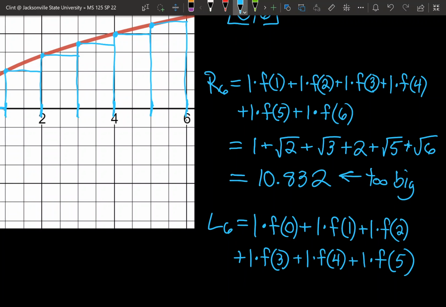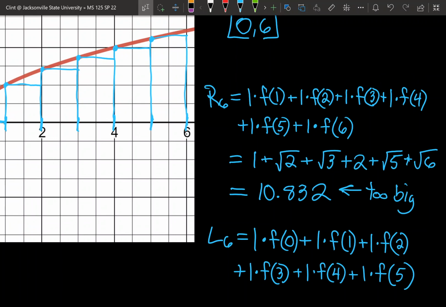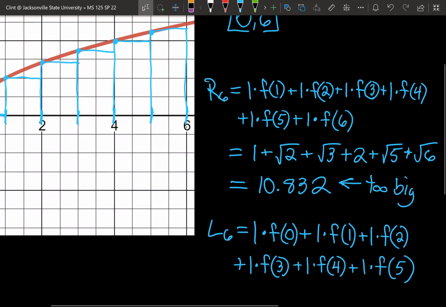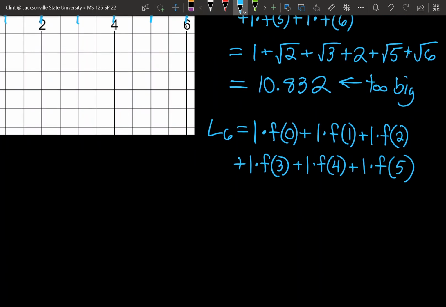It really just flows until you got to make sure like this rectangle is left endpoints at 5. So you stop there. You don't add in another one. Okay. So what's that going to be? We can get rid of the 1s again. Okay. So f of 0, that's square root of 0, 0.